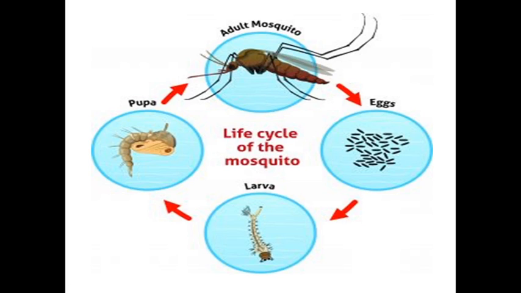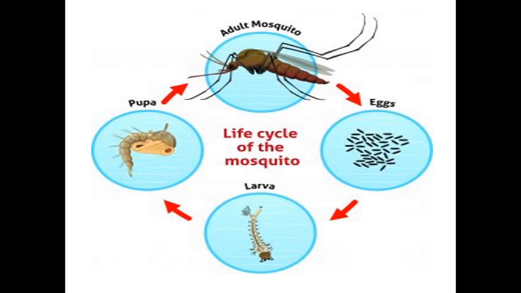So in this case we can see here the eggs do not change to the adult mosquito directly. Okay, they require a particular environment. Like we require food, these eggs also require something. So those particular things are fulfilled in the collected water.